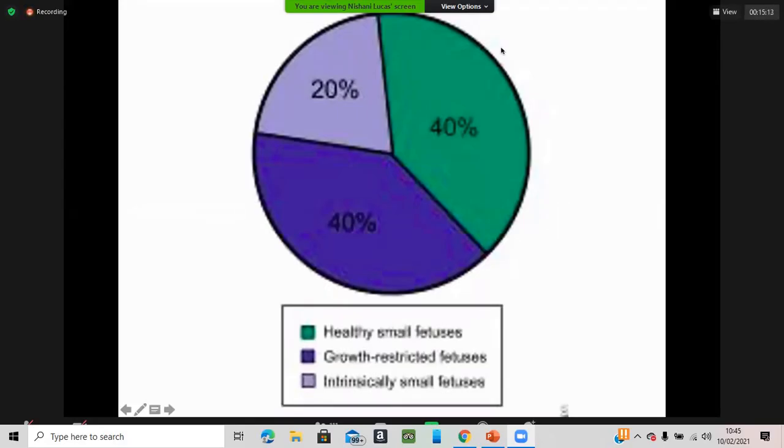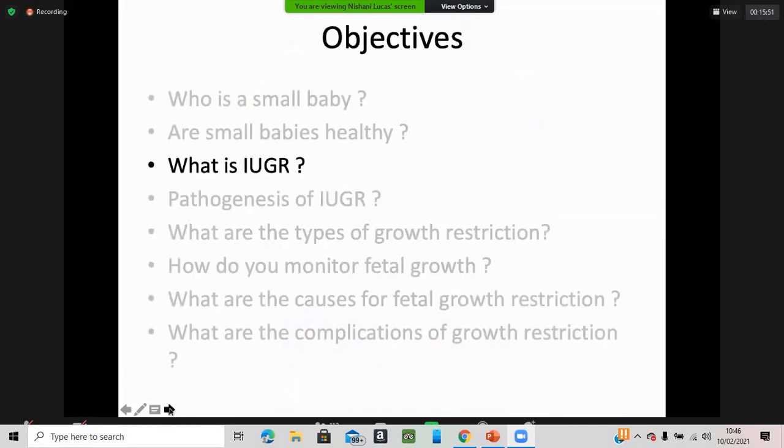Out of all the small for gestational age babies, 20% are healthy. 40% are growth restricted, so that is the extrinsic growth restriction they are talking about. And 40% are intrinsically growth restricted. So equal proportions are divided among which part is intrinsically growth restricted and which part is extrinsically growth restricted.